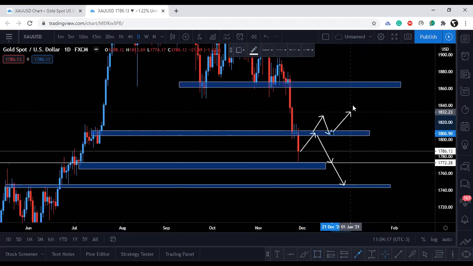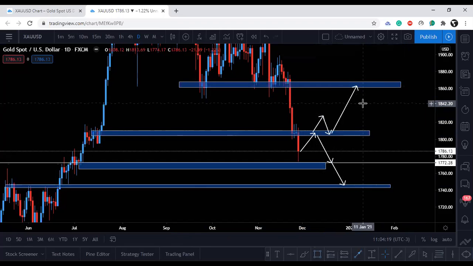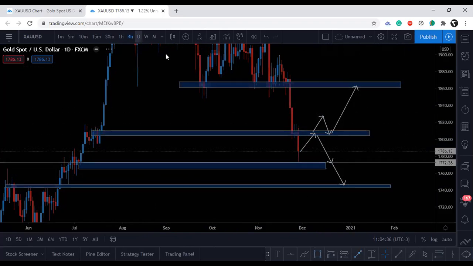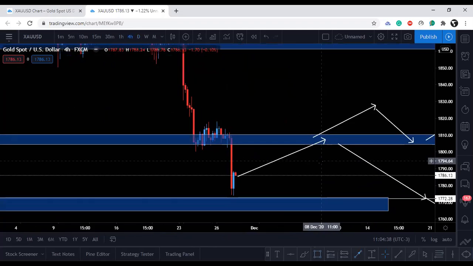So these are the two trade options for the next week. But right now, price is just hovering between two strong levels of support and resistance. In between these, I cannot look for any kind of trade right now.